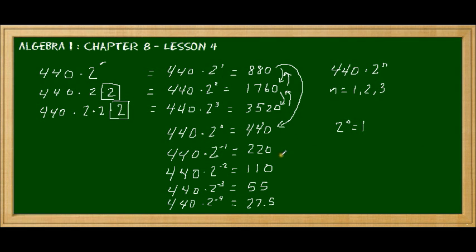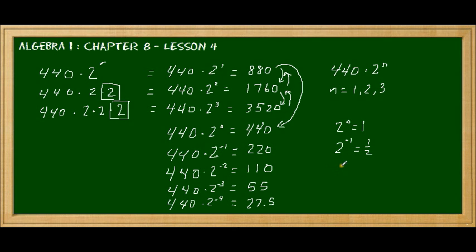Now, if we come down to here, we would want 2 to the negative 1 power to be equal to 1/2. Why? Because we would multiply 440 times 1/2 to get 220. That means 2 to the negative first power would be 1/2.